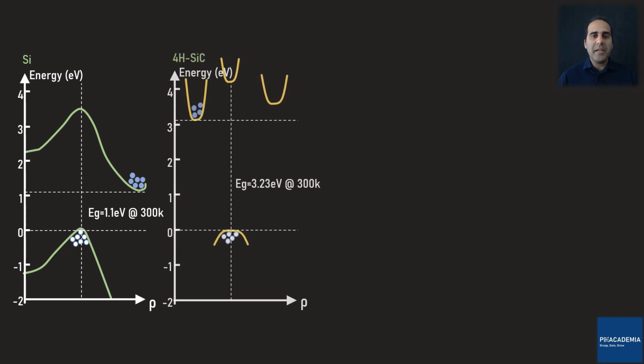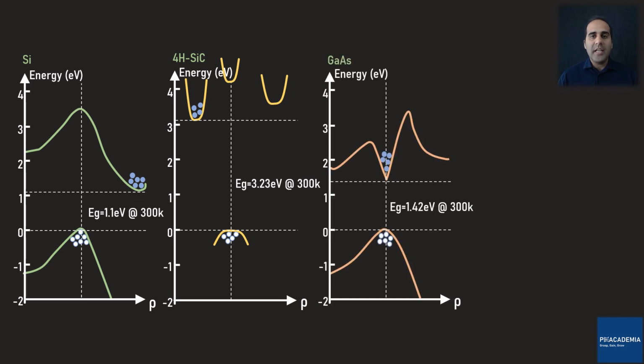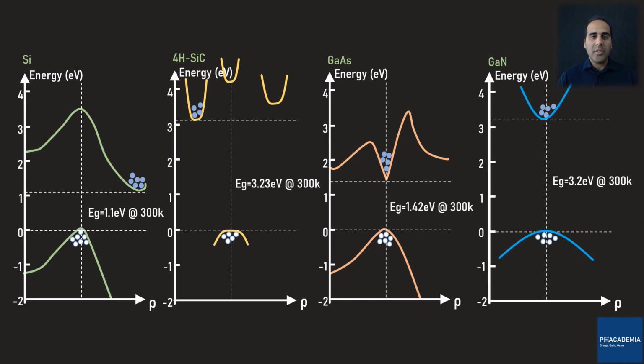Here is the K-space energy diagram of 4H silicon carbide. This semiconductor is also an indirect one. Here are the K-space energy diagrams for gallium arsenide and gallium nitride semiconductors. Since the absolute minimum and maximum of conduction and valence bands are at zero momentum, they are direct semiconductors.